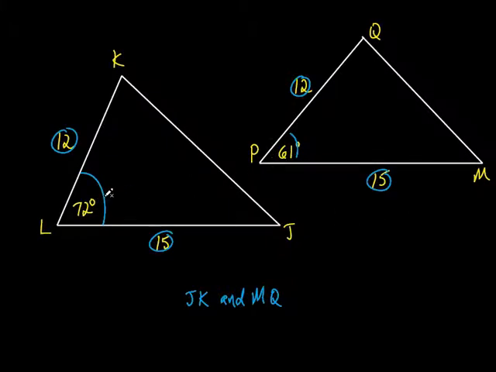And so what we're going to do is look across from it. So if this is 72 and this is 61, then KJ is opposite the 72, the bigger angle, and MQ is opposite the smaller angle. So this has to be the bigger side, and this has to be the smaller or the little side.